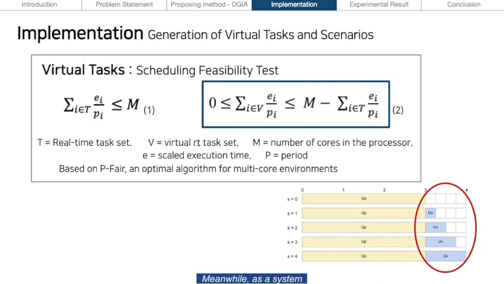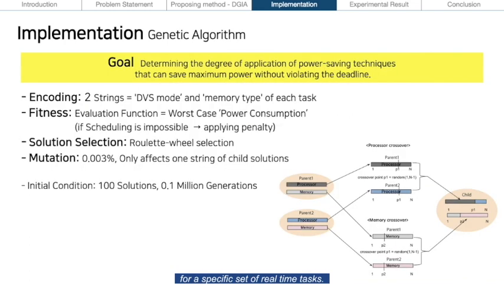Meanwhile, as a system resource must be reserved for virtual tasks, equation 2 should also be satisfied. So we generate virtual tasks using that equation. In addition, they are created in a minimum number within the range that satisfies it. The picture on the right shows that we created 5 scenarios for a specific set of real-time tasks.